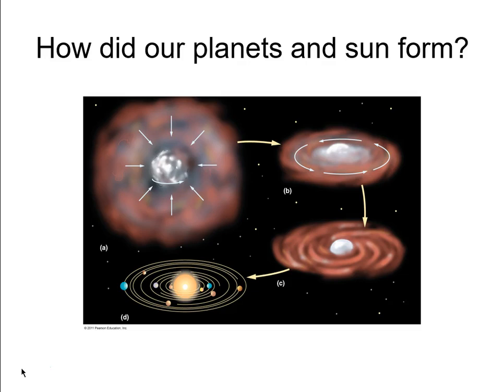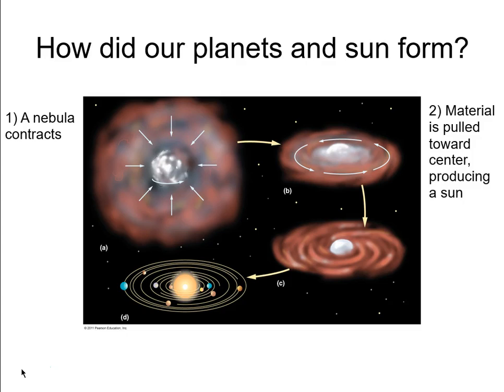This image shows how a solar system forms in 4 steps. The first step is that a nebula contracts. What that means is that all the gas and dust tends to go towards the center. The second step is that the material that's pulled towards the center starts to rotate, and what is in the very center is eventually going to be the sun of that solar system.